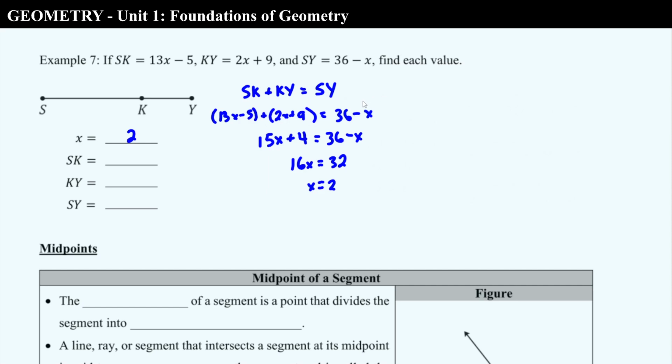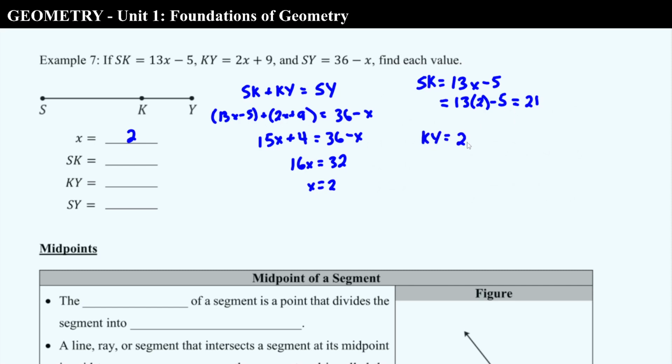Now let's find each length. Let's start with SK. SK equals 13x minus 5. If we substitute in 2 for x, 13 times 2 gives us 26 minus 5 gives us 21. If you have to put that in your calculator, feel free to do that.